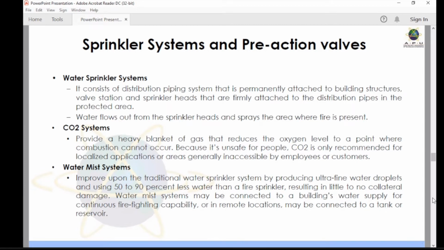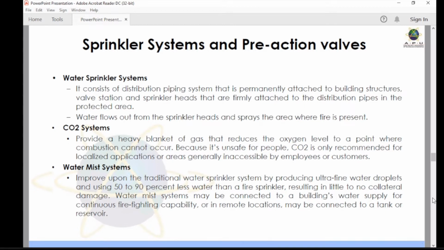In areas like office rooms, where fires are likely to occur, we use these water sprinkler systems because they are more cost effective. CO2 systems provide a heavy blanket of gas that reduces the oxygen level to a point where combustion cannot occur.